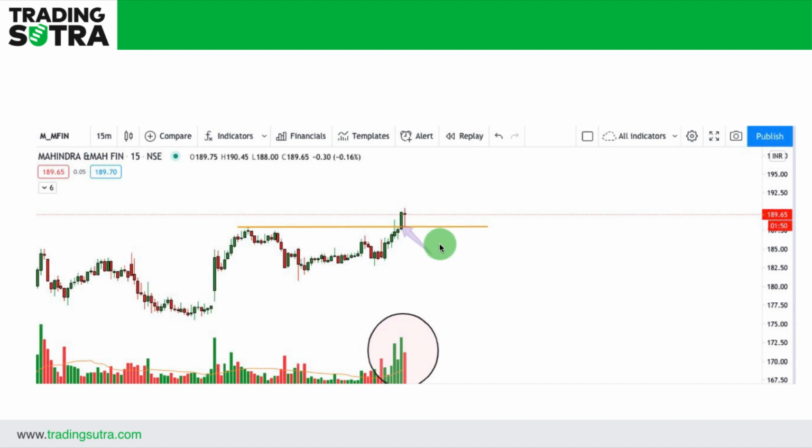When a resistance is acting as a support, and when a support is acting as a resistance, when there is a change in this polarity, we can say that there is a polarity reversal, right? So this has given a breakout with nice volume, and this candle is confirming that this resistance is acting as a support.